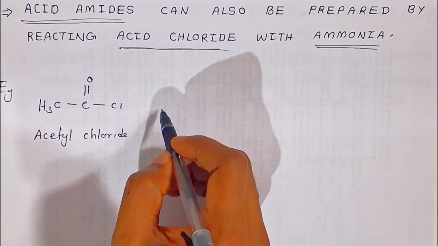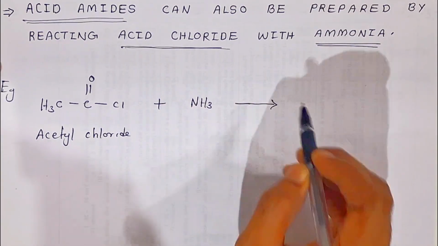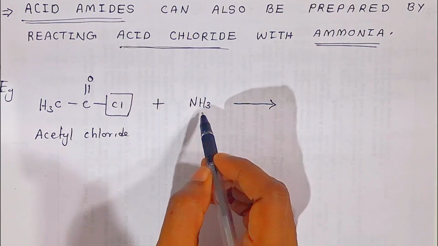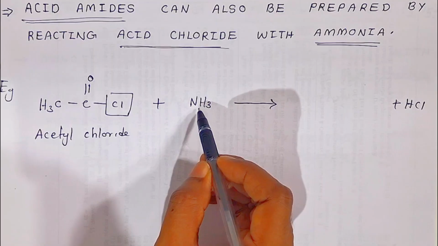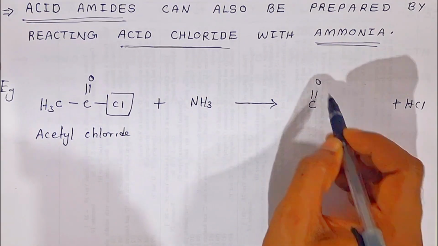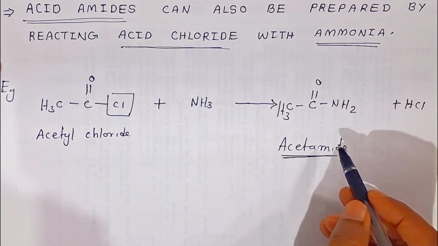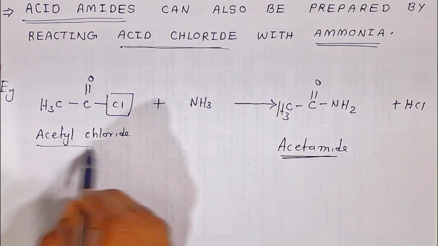What happens when it reacts with ammonia, NH3? The chlorine of acetyl chloride reacts with one hydrogen of ammonia and gives HCl. Now what is remaining here is only NH2, and it combines. This way you have got acetamide, which is very important for the formation of protein. This way you can convert acetyl chloride into acetamide.